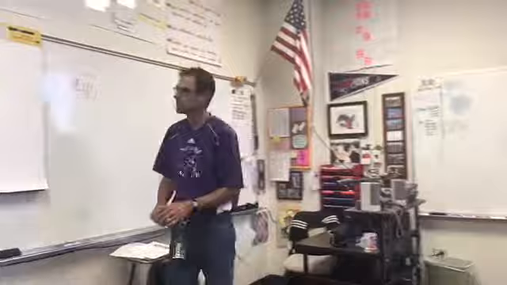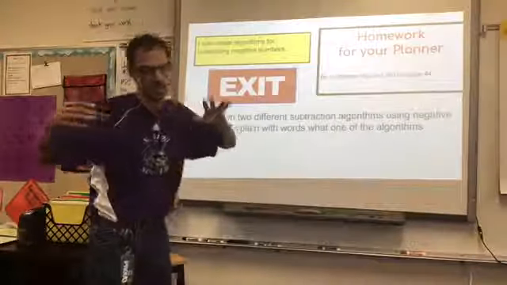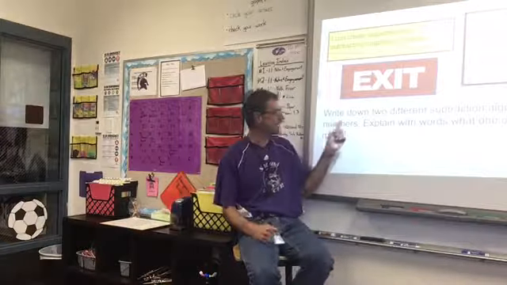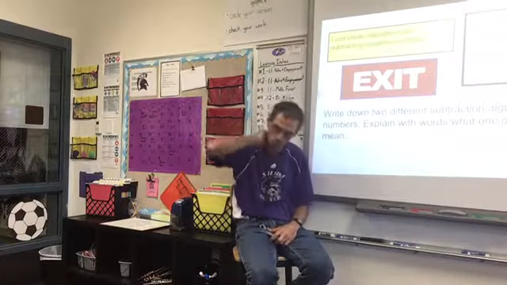Exit ticket. So we talked about algorithms. We're talking about subtracting negative numbers. Your job today: write down 2 algorithms using negative numbers, and you have to explain one of them with words.